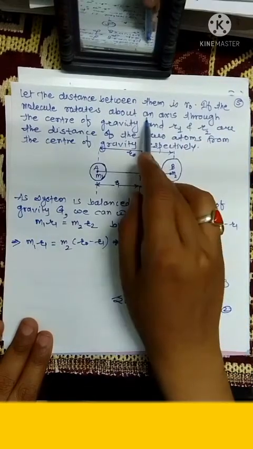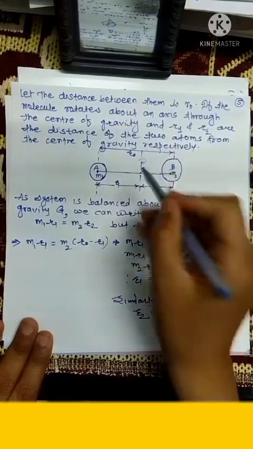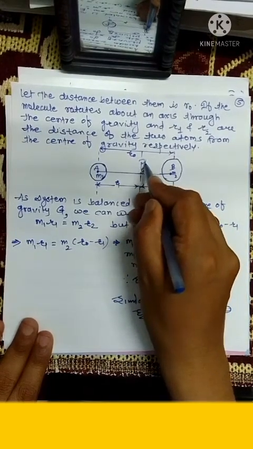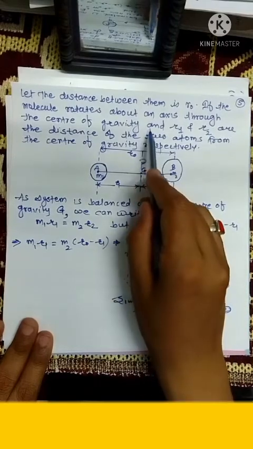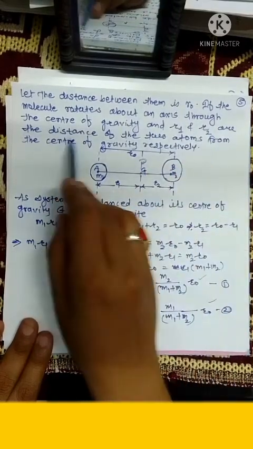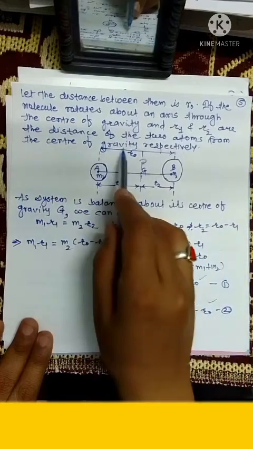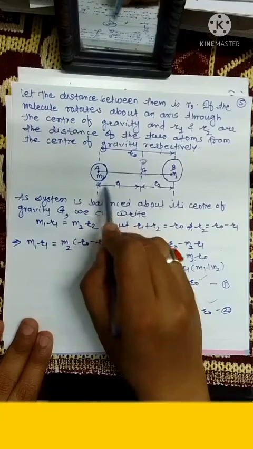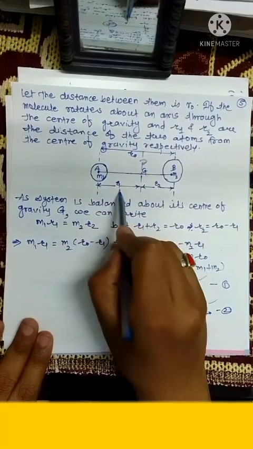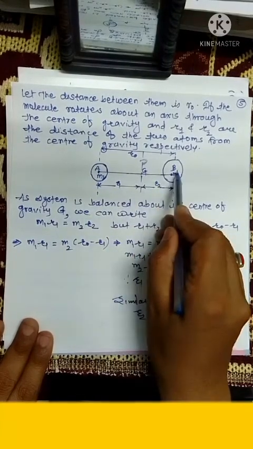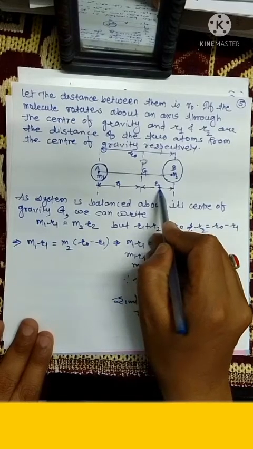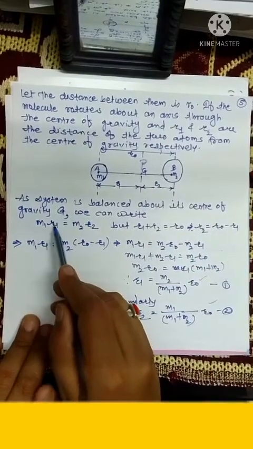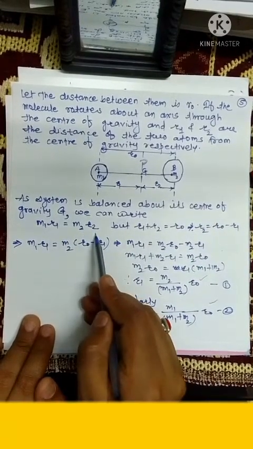If the molecule rotates about an axis through the center of gravity, that is G, and r1 and r2 are the distances of the two atoms from the center of gravity respectively. So the distance from G to A is r1 and G to B is r2. About the center of gravity, we can write m1 r1 is equal to m2 r2.